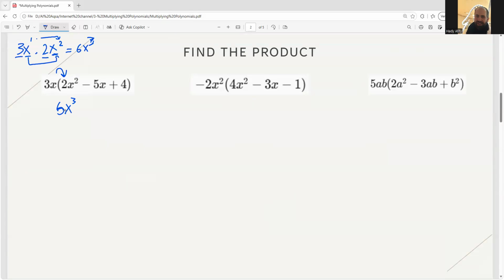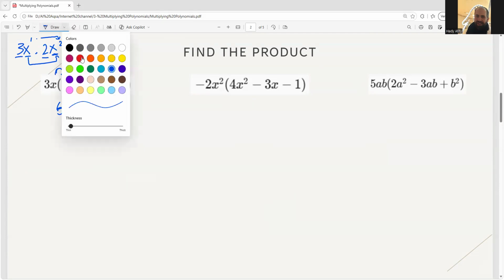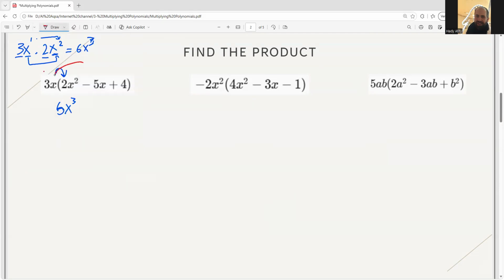But I want to solve this question as fast as possible. How can I do that? Well, you have to practice a lot and trust in your experience in solving these questions. Let's use another color. So 3x multiplied by negative 5x, 3 multiplied by negative 5, you're going to get negative 15x squared.